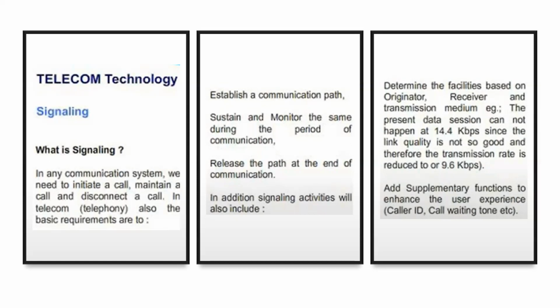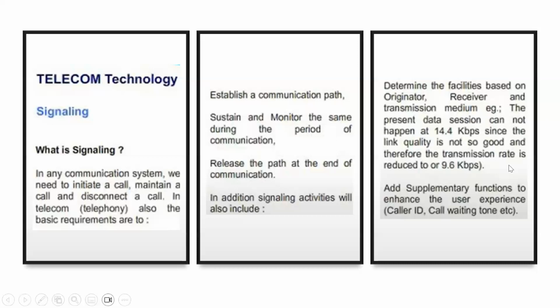This should be monitored: what is the capacity of the transmission medium, or what is the quality of the transmission medium right now. According to that quality, the bit rate should be updated.